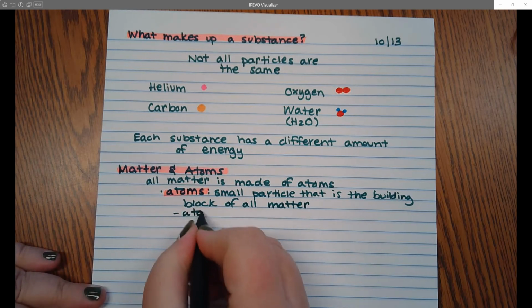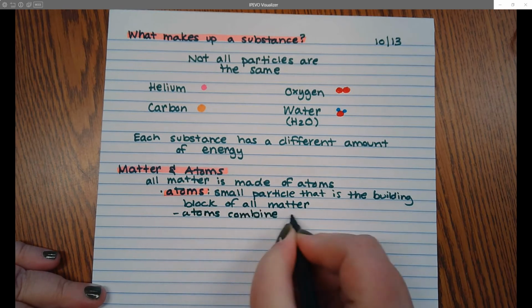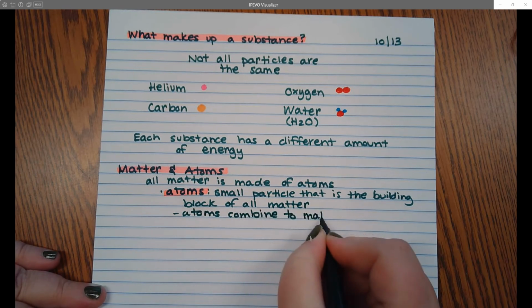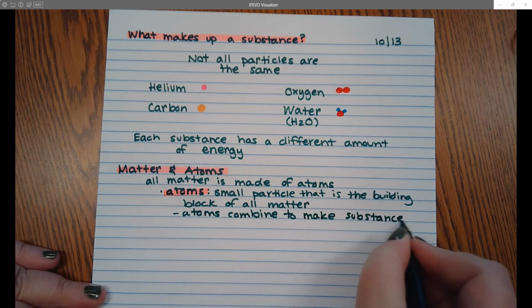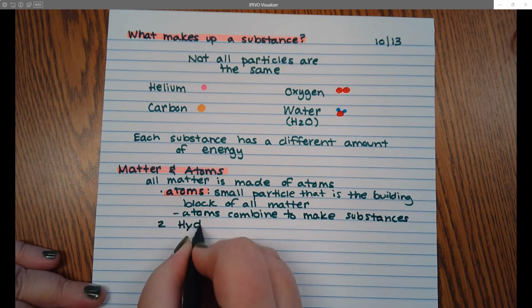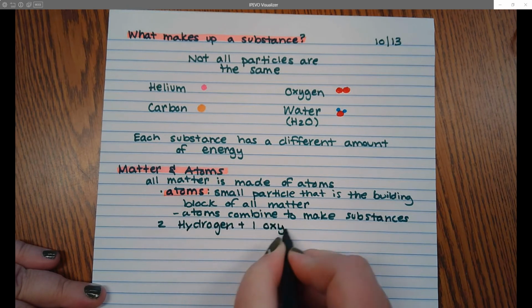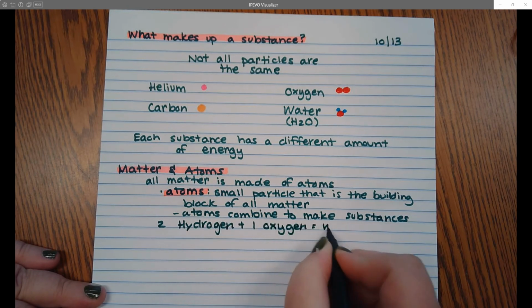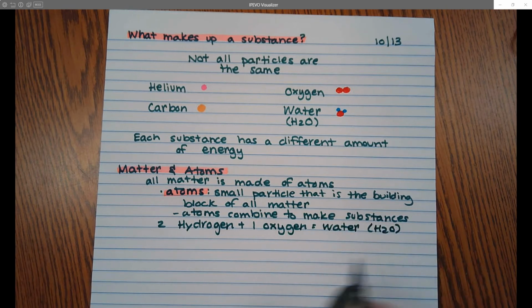And also we should note that atoms combine to make substances. For example, 2 hydrogen and 1 oxygen gives us water, which is H2O.